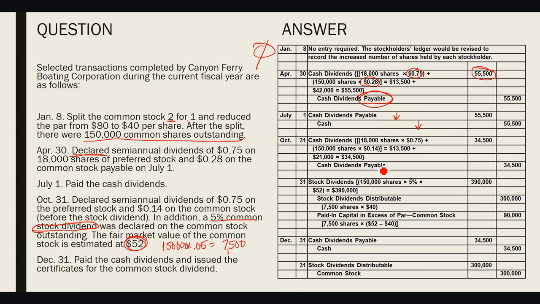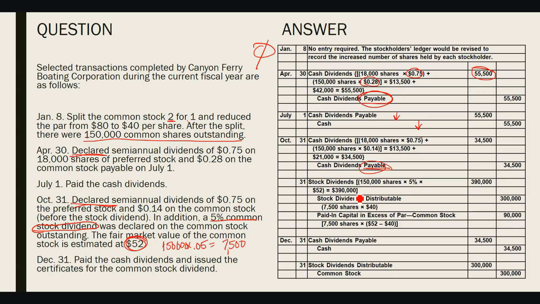So in this particular transaction, we record the cash dividends that we are declaring. So remember, we're declaring, we're not paying them. So that's the 75 cents times the shares outstanding for preferred stock, and then the 14 cents per share for the common stock at 150,000. We add those two together, and so that's 34,500, and we debit cash dividends, credit cash dividends payable, to show that we will pay in the future.